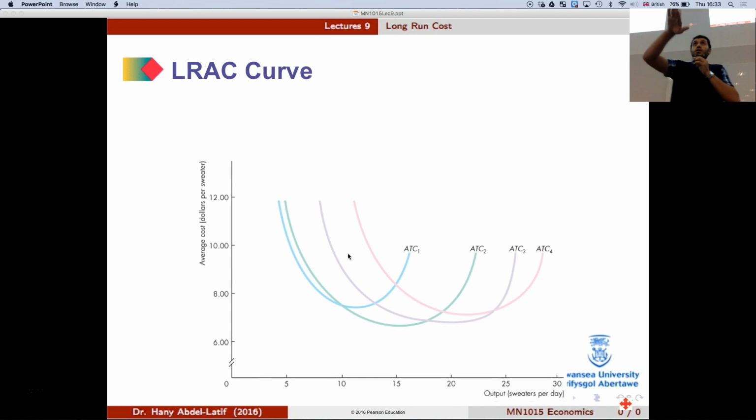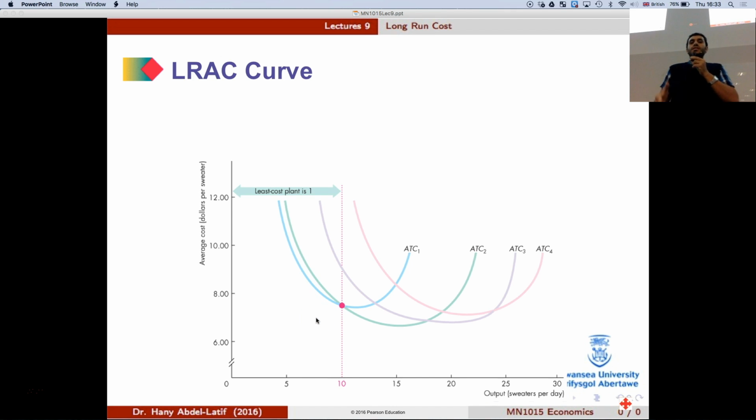look at these, the 4 plants we have, 1, 2, 3, and 4. Now, given that we understand that the long run average cost curve is, for each output level, the least cost, let's look at the first one.